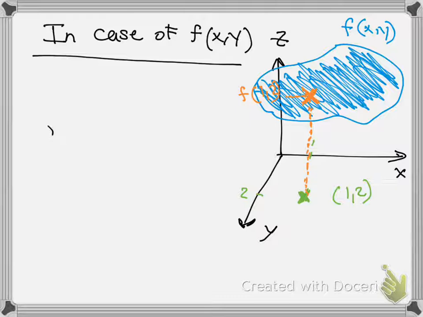Now, how many ways can we approach this point 1, 2? Well, there are an infinite number of ways to approach 1, 2.